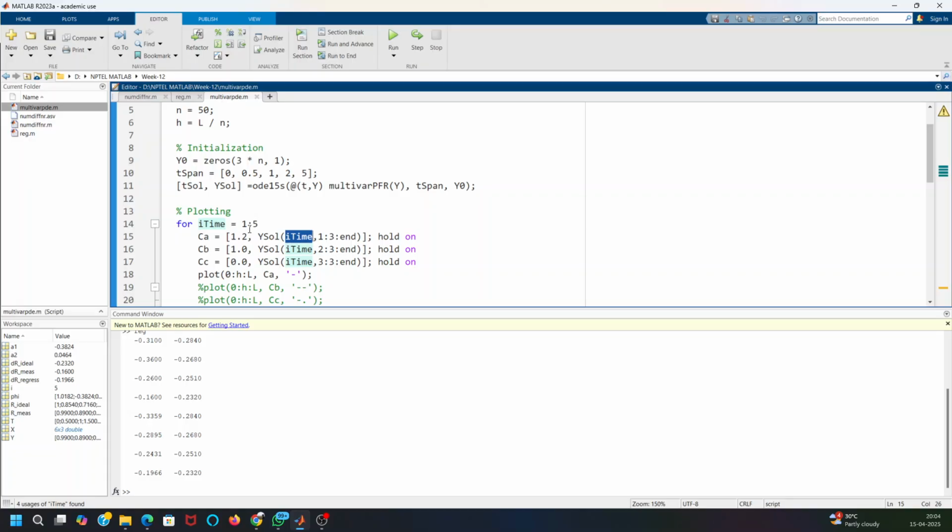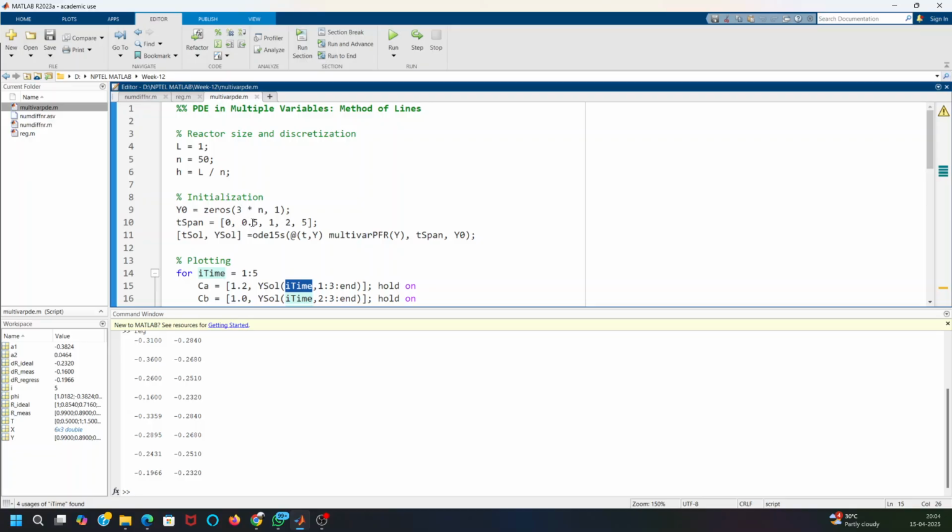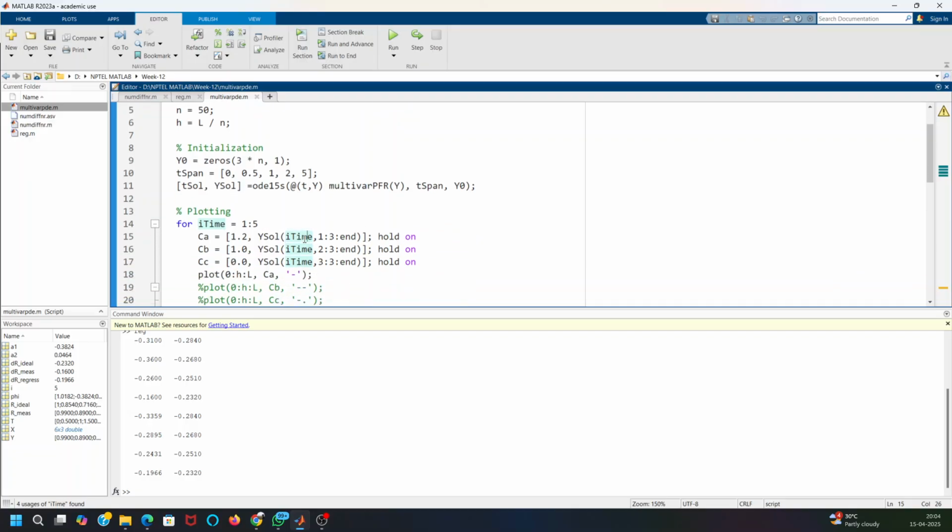I think we have taken this for 5 time instances, right? Like this is for the first time we are including. We can basically plot one by one, 1.2 and something you'll get.